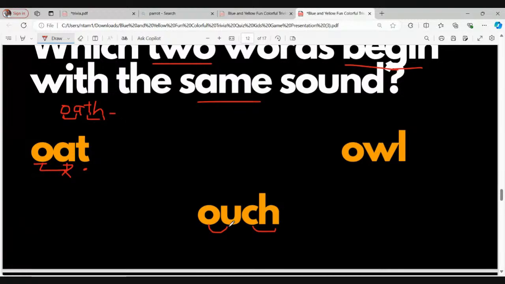If you maybe fall on the ground, you say ouch. When you say the word ouch, you're actually saying, hey, I'm in pain. If you hit your head, you will say ouch. When you use the word ouch, it will mean that you are in pain.